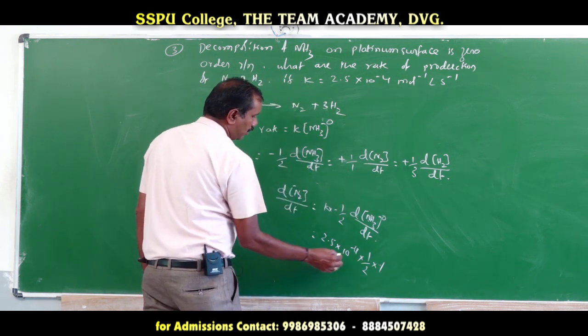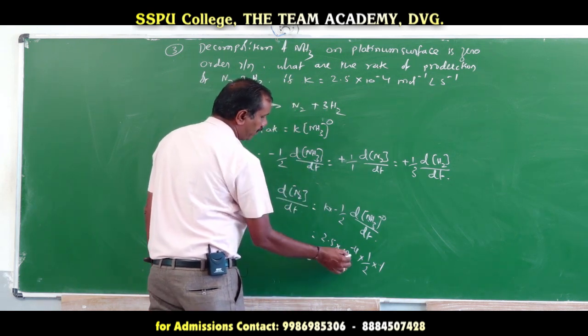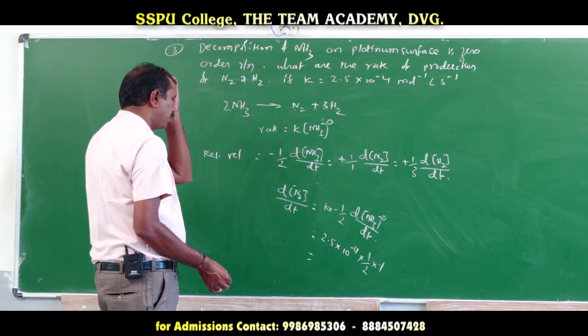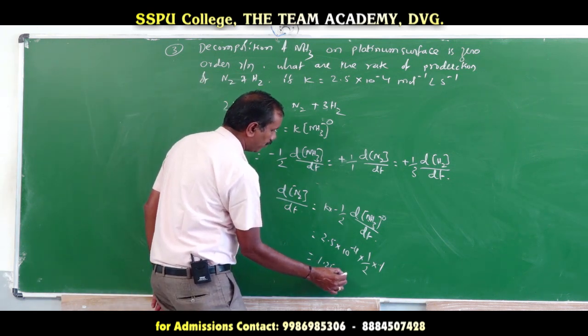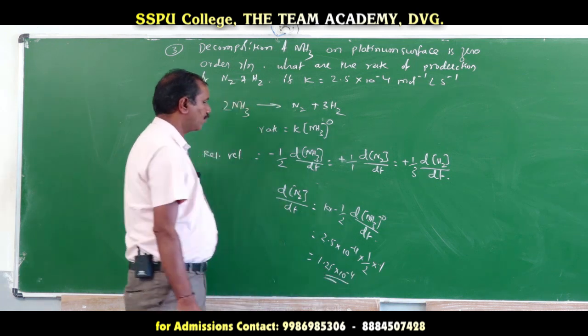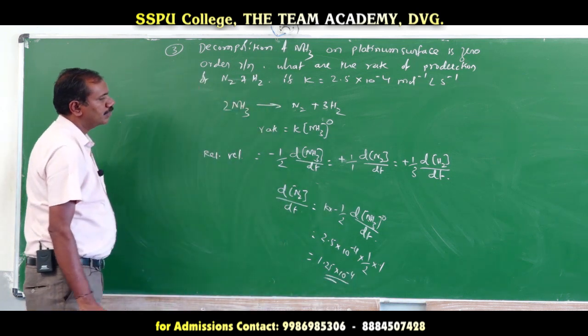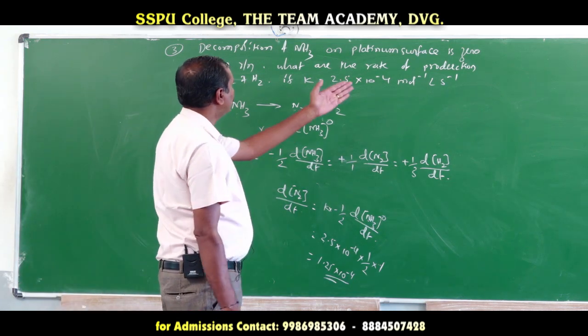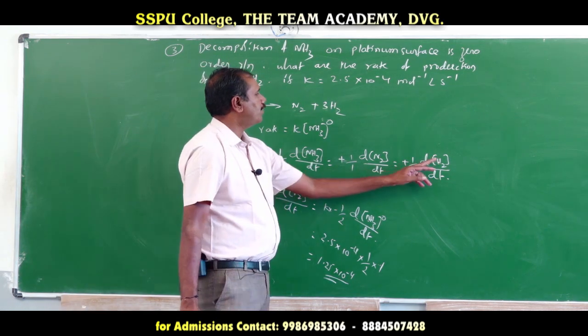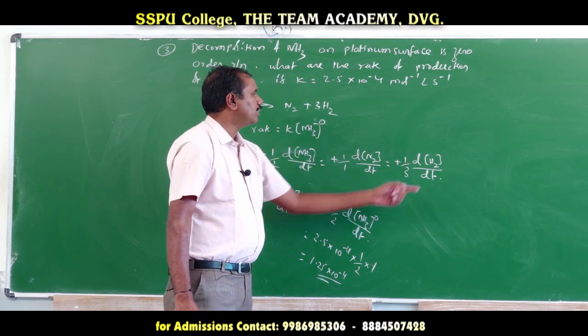Therefore it becomes 2.5 into 10 to the power of minus 4 divided by 2, nothing but 1.25 into 10 to the power of minus 4. Okay? Yes. Next.